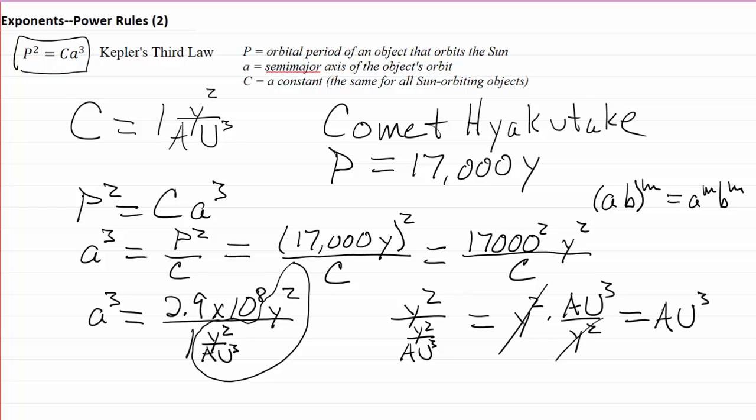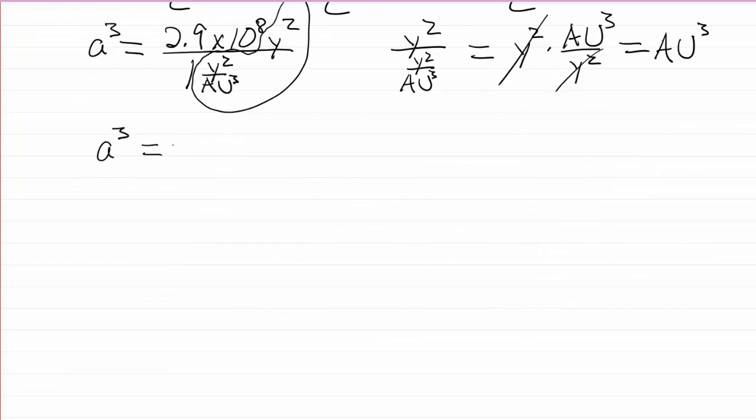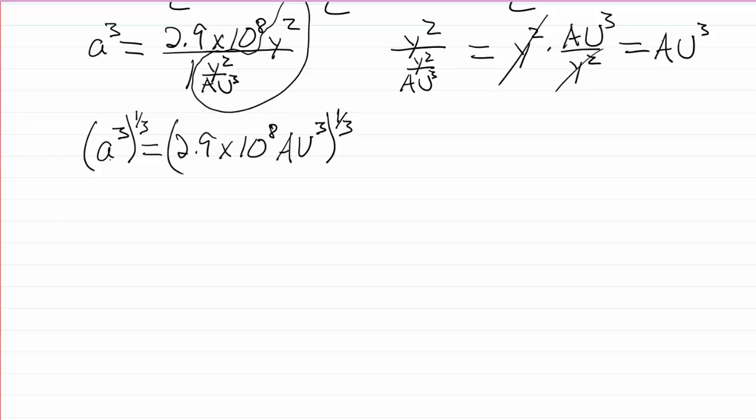So what I now have here is A cubed is 2.9 times 10 to the 8th AU cubed. But I want A. I want to know what the value of A is, the size of the semi-major axis. I raise both sides to the 1/3. When I do that, on the left side, a power to a power, I multiply the exponents. 3 times 1/3 is 1. I just have plain old A on the left side.